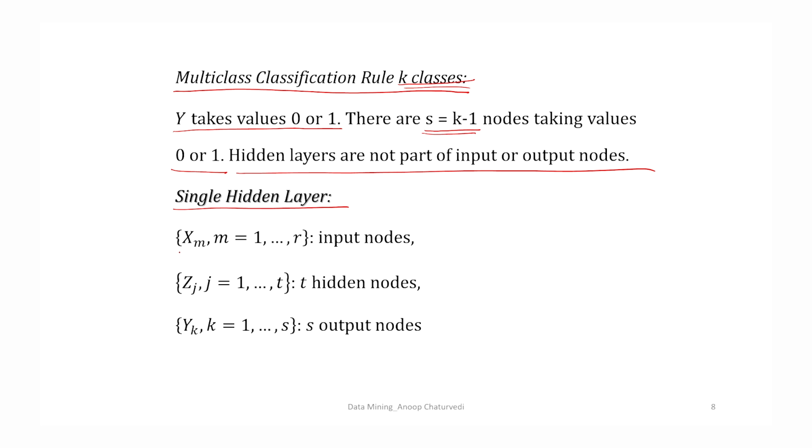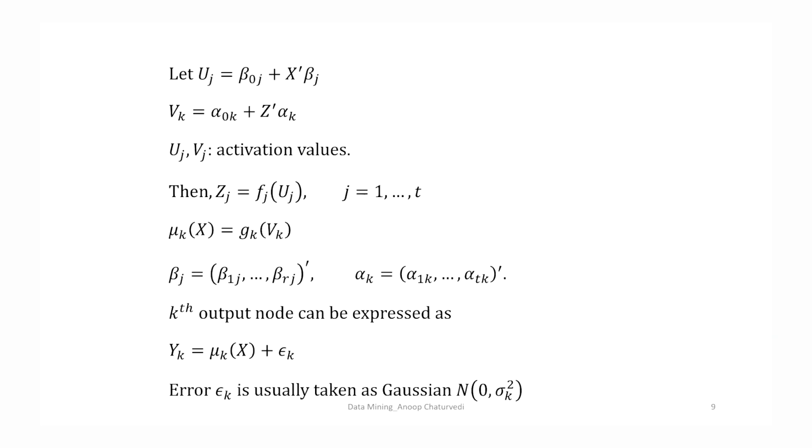Now, suppose we consider a single hidden layer. So, these are your input nodes, x m, m equal to 1 to r. So, ultimately you have r input variables, and then you have just one hidden layer, and in that hidden layer you have t hidden nodes, z j, j equal to 1 to t, and then you have s output nodes, y k, k equal to 1 to s. Now, suppose u j is equal to beta naught j plus x transpose beta j.